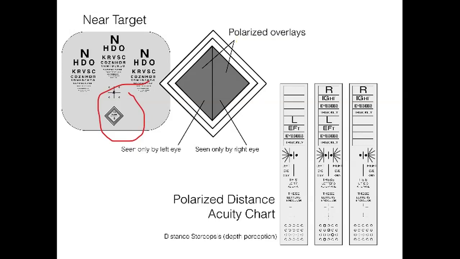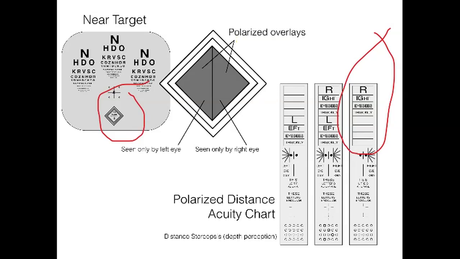When the suppression is significant, then one side will black out to the point that the underlying letters can't be seen. On the right, you see the distance target, and the panel on the right is seen by the right eye, the panel on the left is seen by the left eye, and then in the middle is a combination of the two.